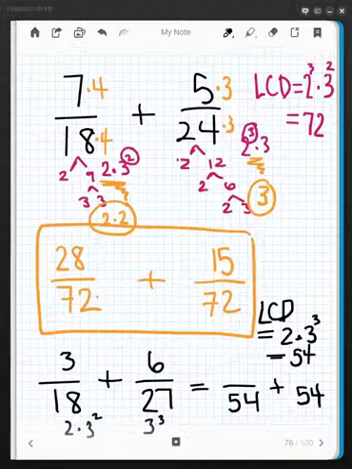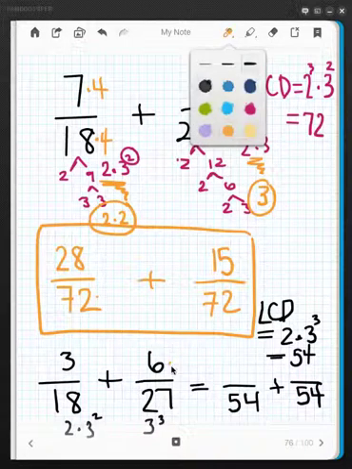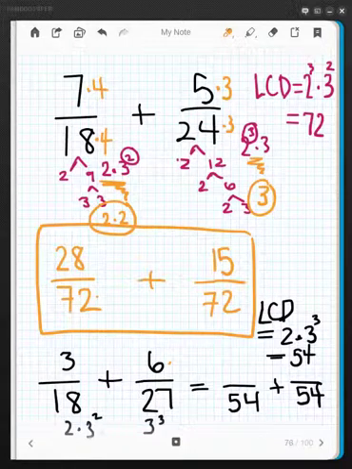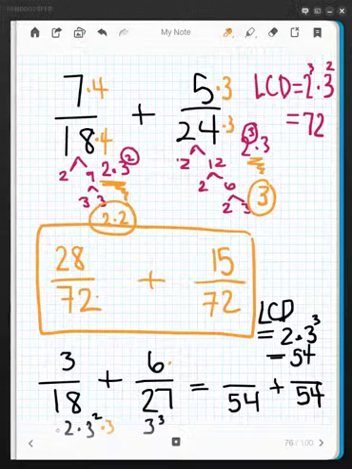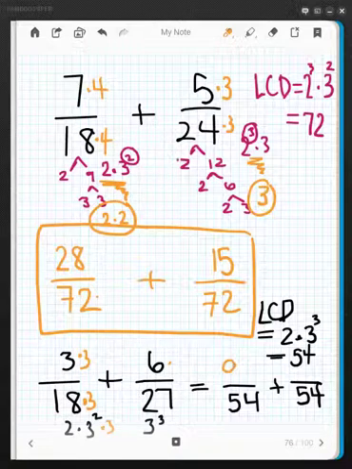So what you do, again, just going over this little trick here, is we have 2 times 3 squared. Well, we need 2 times 3 cubed. So how many 3's are missing? That's right, if you said 1, right? So one 3 will make the same as up there. So you multiply this by 3, so you'll also be multiplying that by 3, which gives us our new higher term.